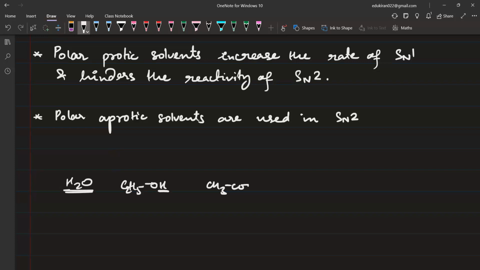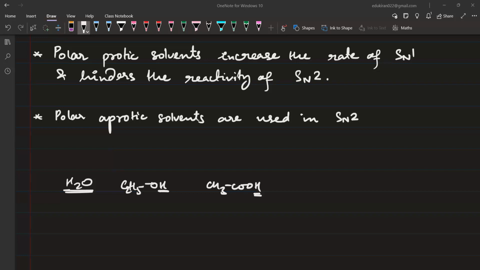Similarly, CH3COOH: here the tendency to lose the hydrogen is even higher, because the hydrogen is attached to an acid. So each and every solvent which can give a hydrogen atom, meaning a proton, H plus ion, is known as a polar protic solvent. All protic solvents are obviously polar, because the hydrogen has a delta positive charge and the rest of the compound has a delta negative charge.